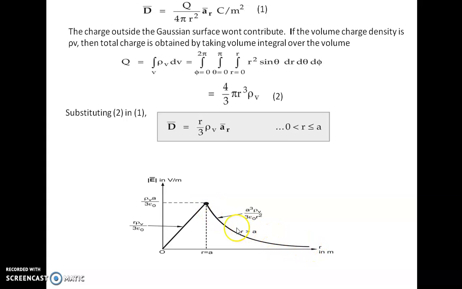So when the radius increases, the electric field intensity starts to decrease. This is how in a uniformly charged sphere the electric field intensity varies from point to point. So this is one more application of Gauss law.